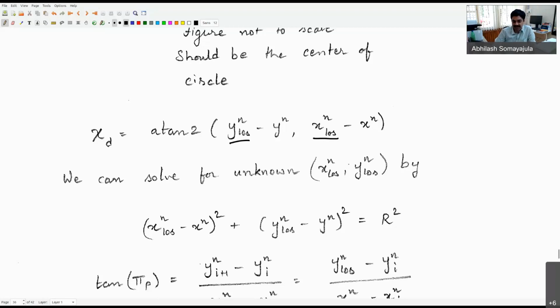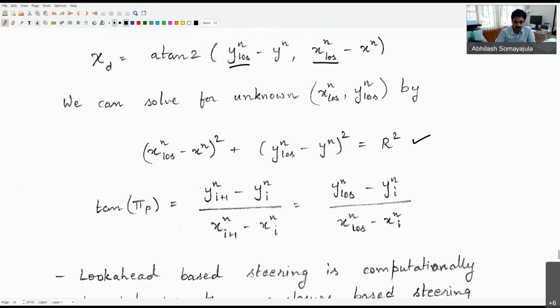Okay, so the idea here is that we know that (x LOS minus xn) squared plus (y LOS minus yn) squared is equal to r squared, because it lies on the circle. And we also know that tan of psi p is (y i plus 1 minus yi) divided by (x i plus 1 minus xi). This is basically the slope between the two waypoints. Everybody with me so far?